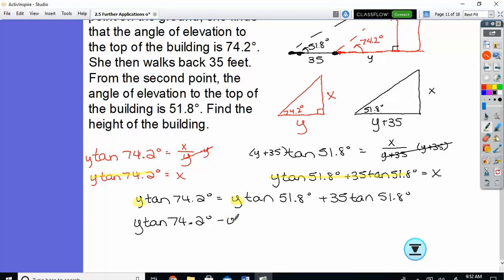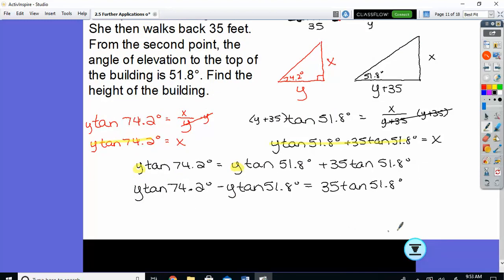I'll subtract over this one. Now what can we do? Solve for y. Well, we have to get the y by itself. We can't actually subtract those tangents, but we could take out a y.